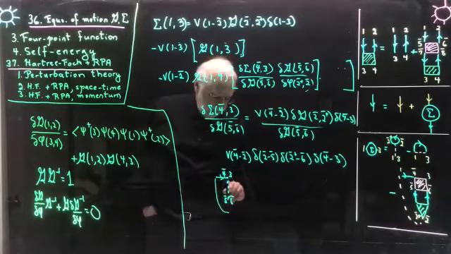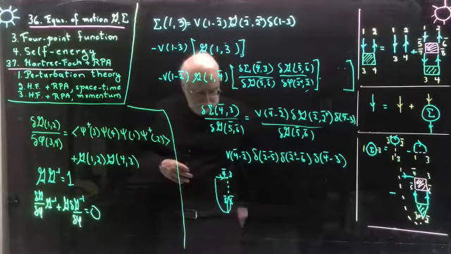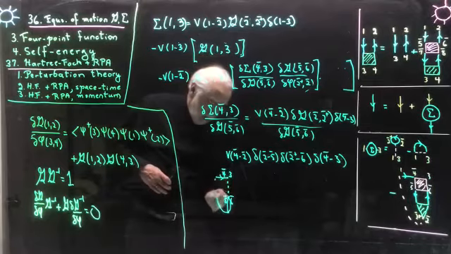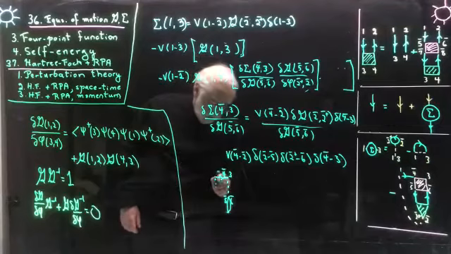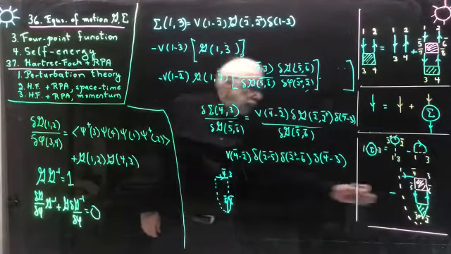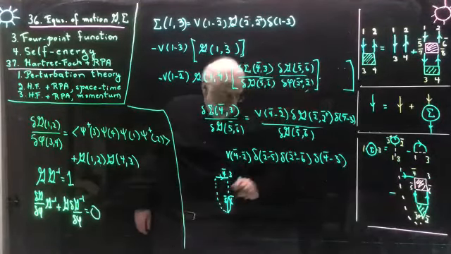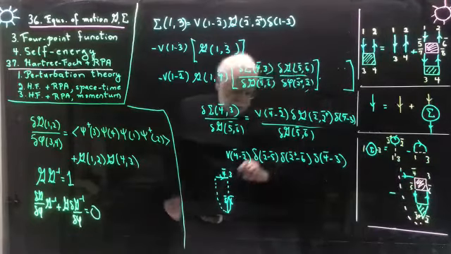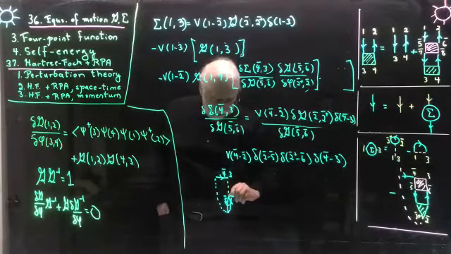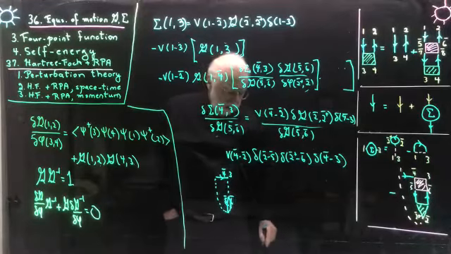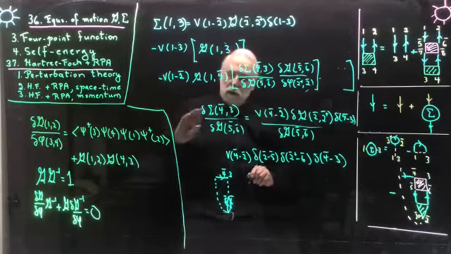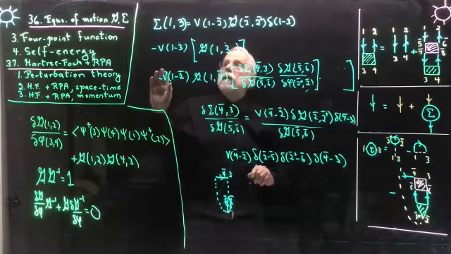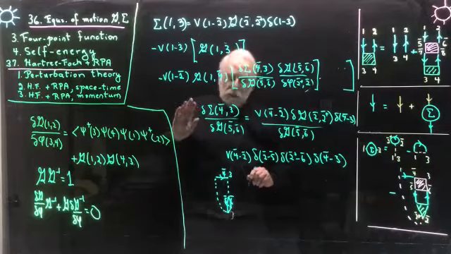So I get this. I'm sorry. This is a dashed line. And then I get these two Green's functions there. I get this, I just replace by this. So I get this. And there is an overall minus sign.